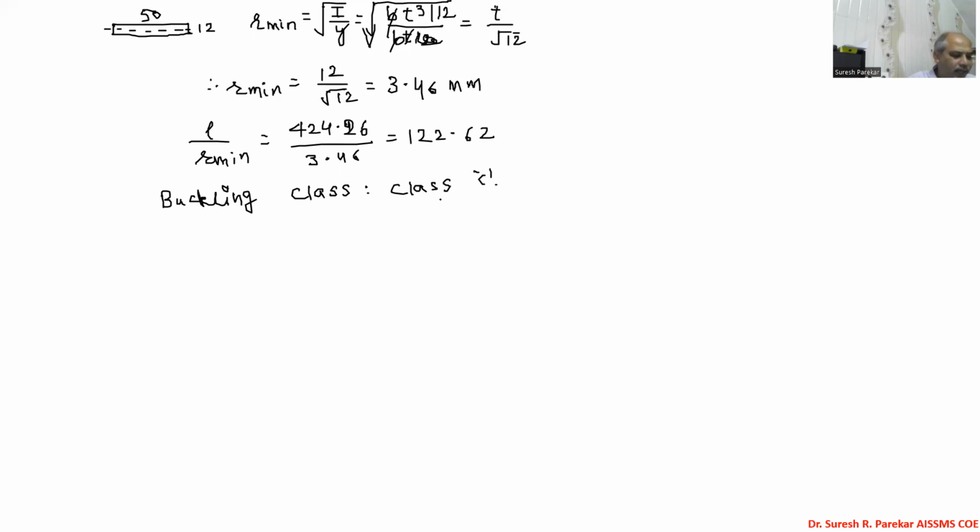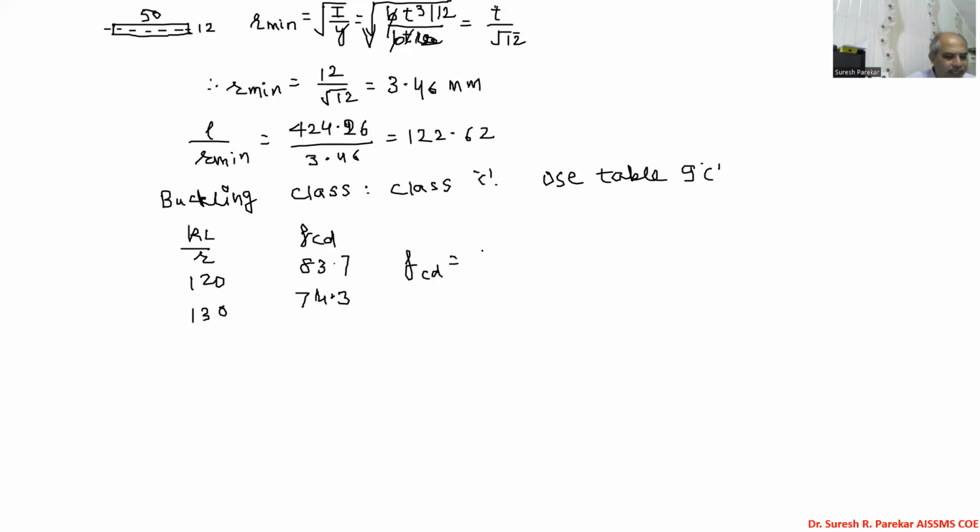So use table 9C. Now over here we have KL upon r 120 and 130, and we have values of fcd 83.7 and 74.3.